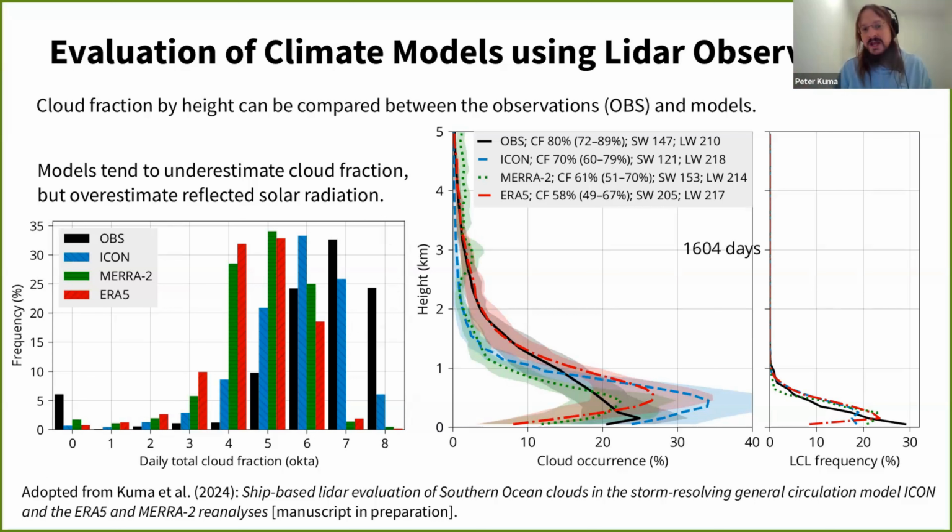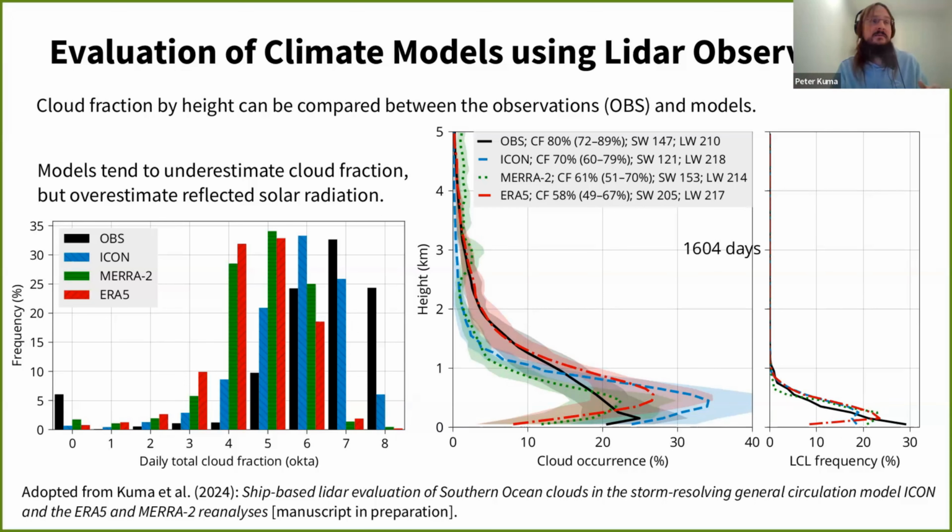So having too few clouds means too much radiation coming to the ocean surface and too much warming of the ocean. And that in turn affects the radiation balance of the climate model as well. So it's not something which invalidates the climate model results as such, but it's something which causes the climate model results to be less accurate. And so that's something which needs to be improved.